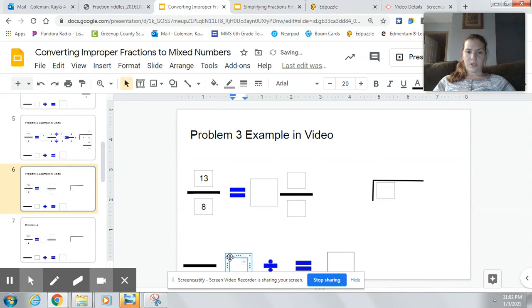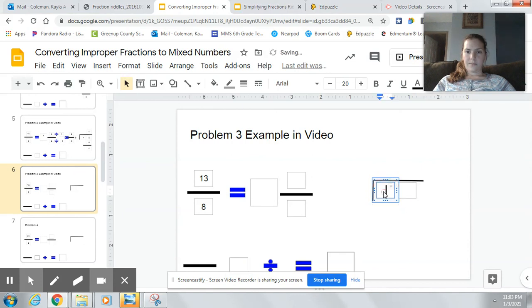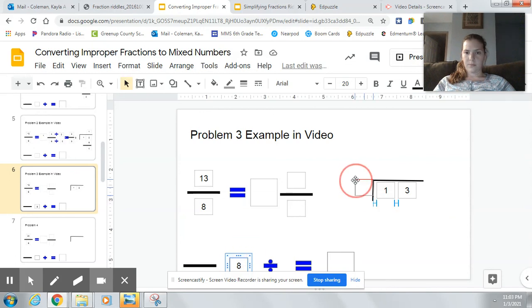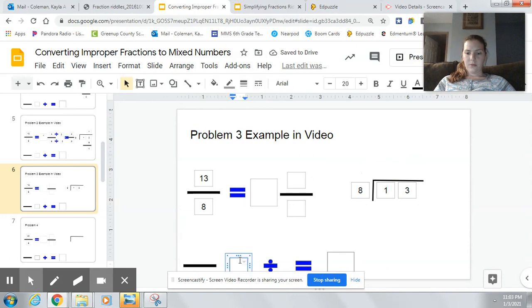So I'm going to put 13 on the inside, divided by 8. 8 goes into 13 one time.